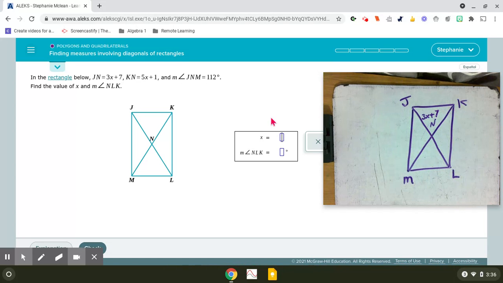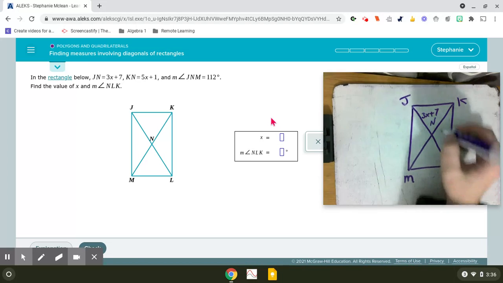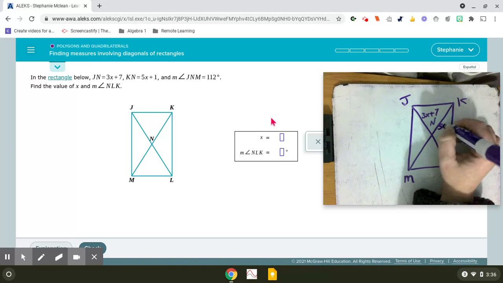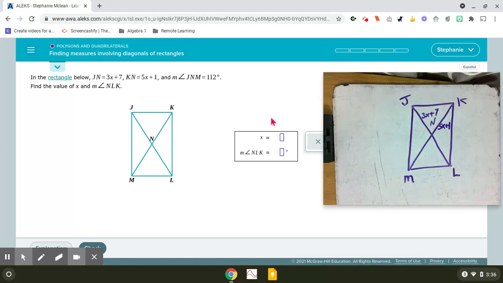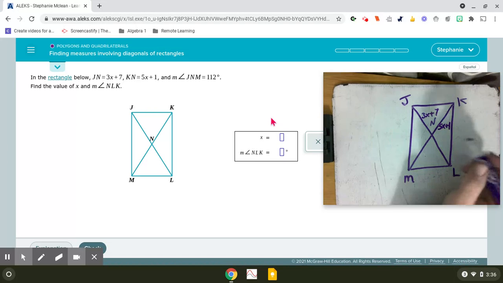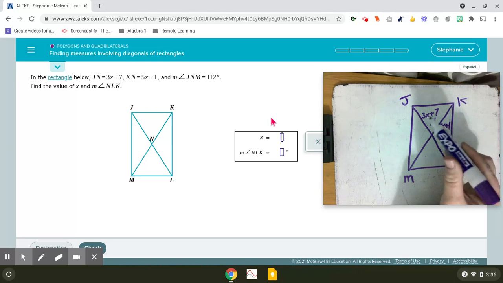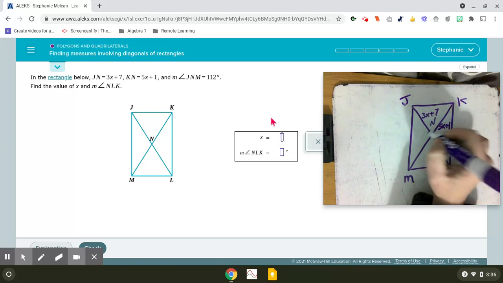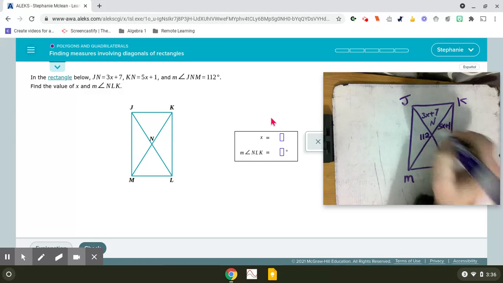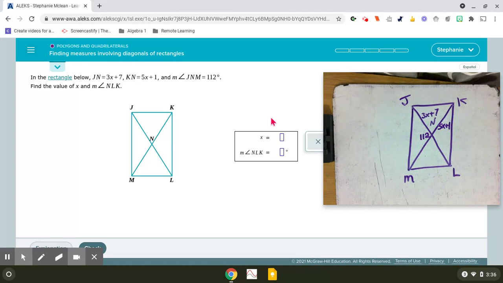Then they also tell me that KN is 5x plus 1. The measure of angle JNM is 112. Find the value of x and the measure of NLK. NLK is this one down here.